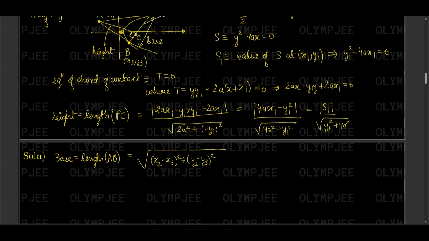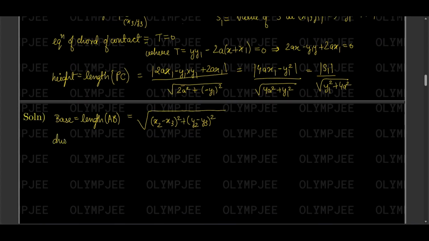So I basically need to find x2 minus x3 and y2 minus y3. I will be using a better form of calculation here. Instead of finding x2 comma y2 and x3 comma y3 separately, I will be directly finding the difference of the x's and the y's.